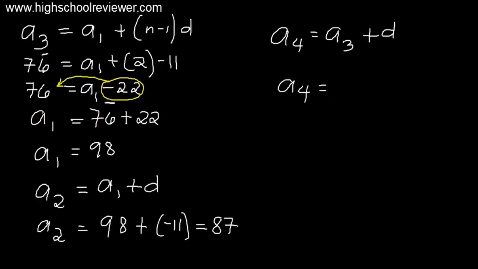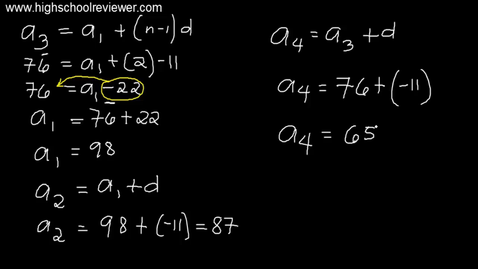So a sub 4 equals positive 76 plus our d, which is negative 11. So a sub 4 will be equal to 76 plus negative 11. This will give us positive 65. So these are now our final answers.